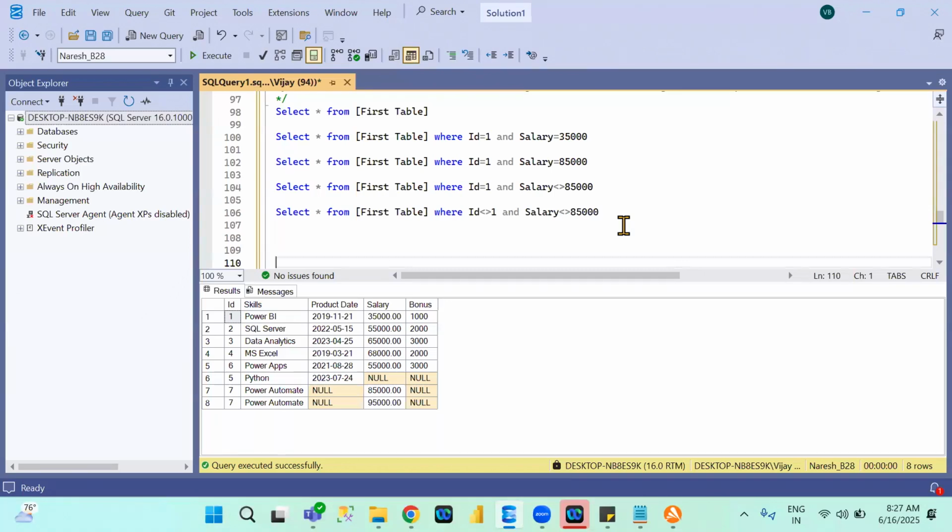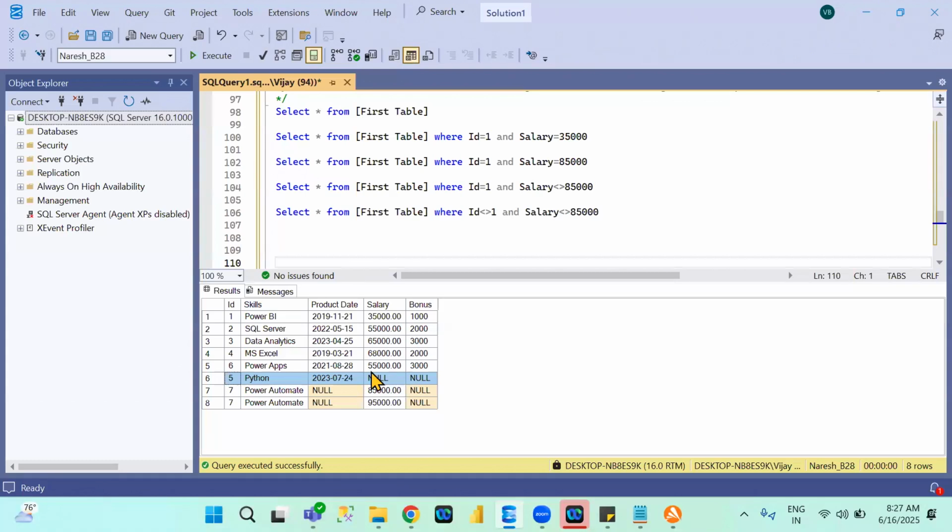But one more thing is, we don't want to consider the fifth row also, the sixth row also. You're correct. This one is not included. This one is not included. This one is also not included. Why? Because see here, if you want to write with null, how do you write null? Is null.